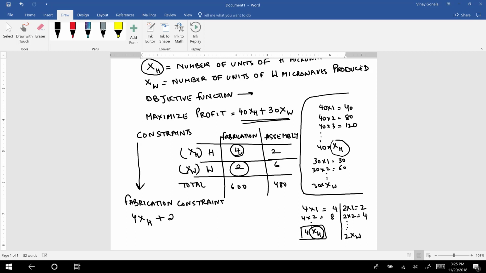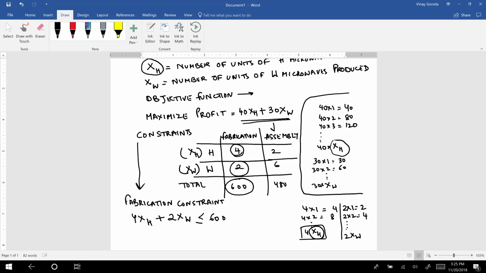So this is the total fabrication time it will take to produce both H and W. This should be less than or equal to 600, as we have only 600 hours available.